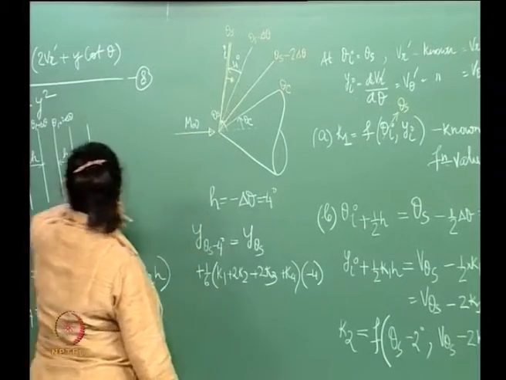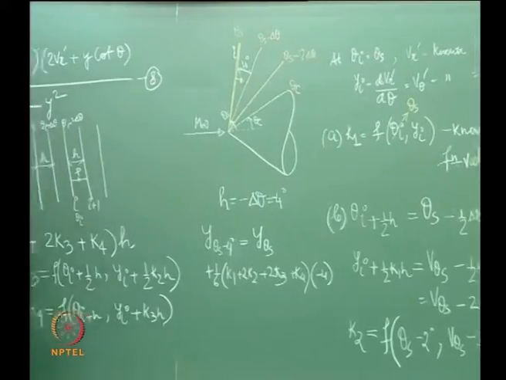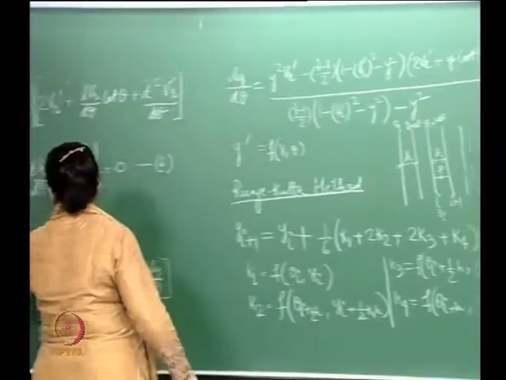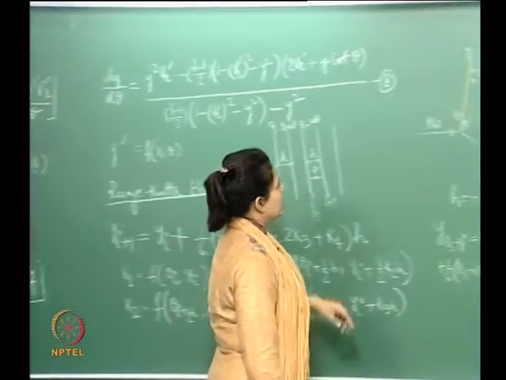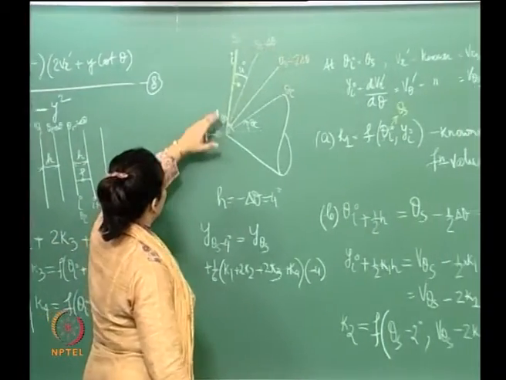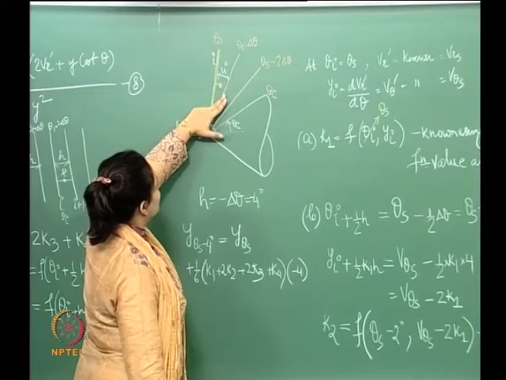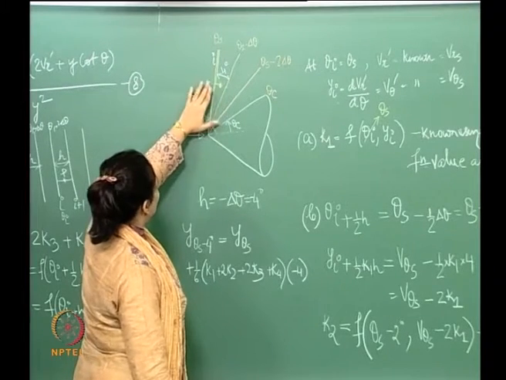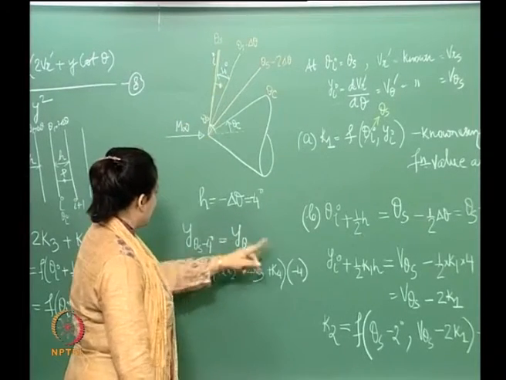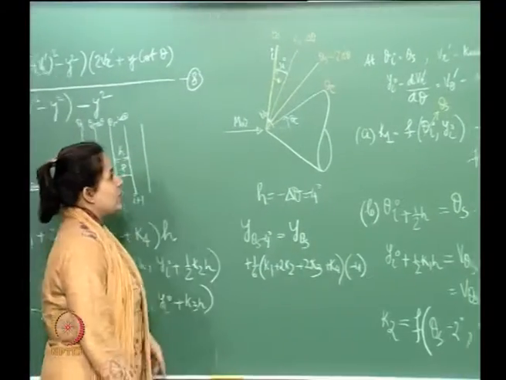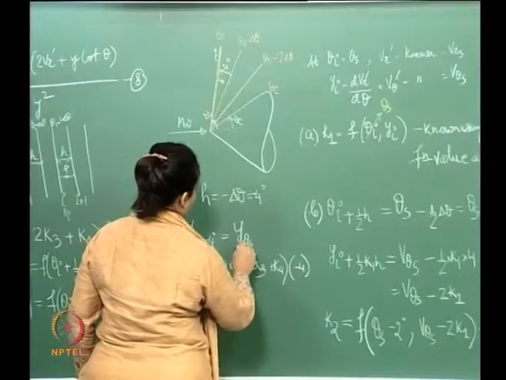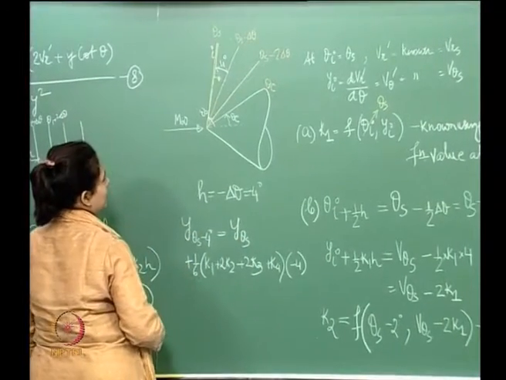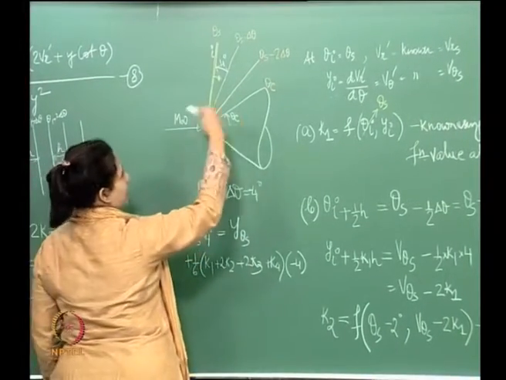The function y, which we defined as d v r dash d theta, we have been able to calculate at this point as well. So now we know the value of y at theta s from here, and hence we can calculate other values.